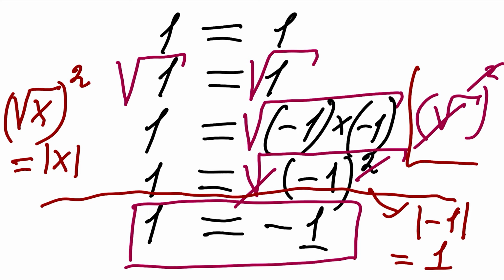So 1 is equal to 1, of course. So this is kind of a typical mistake that many students make, so just keep it in mind. So that was the tricky part of this solution. So it's not -1, it's modulus of -1, which is 1. So 1 equals 1.